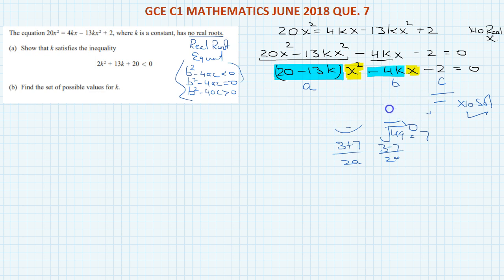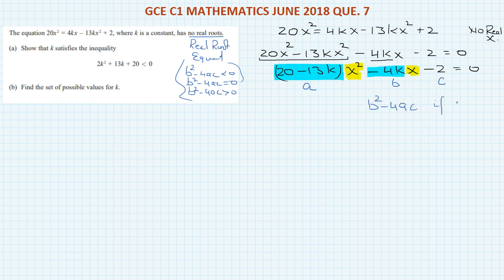So instead of saying this mathematically, what we say is that b square minus 4ac: if it is 0, there is one solution. If it is positive, two solutions. If it is negative, no solution. So it's very simple.